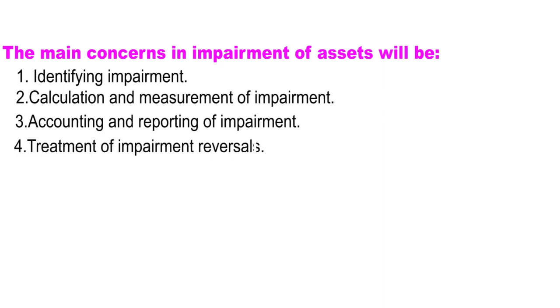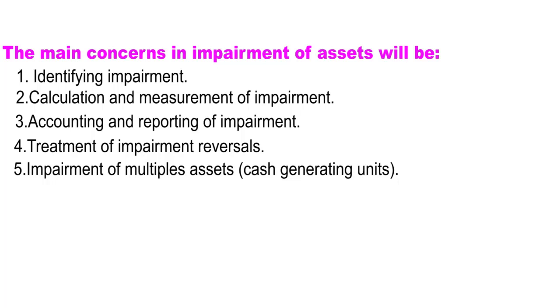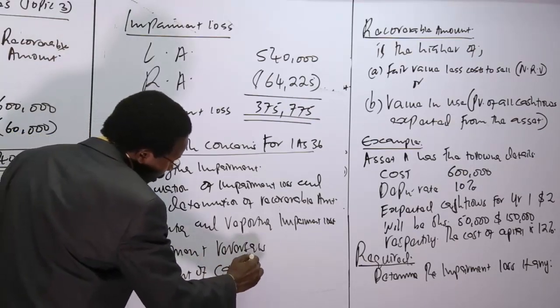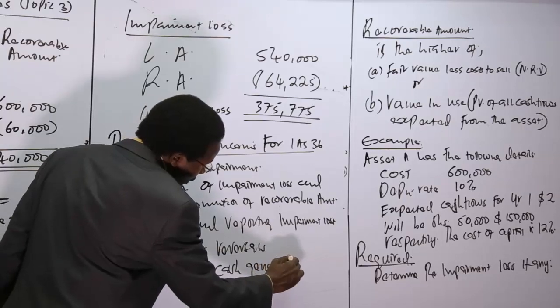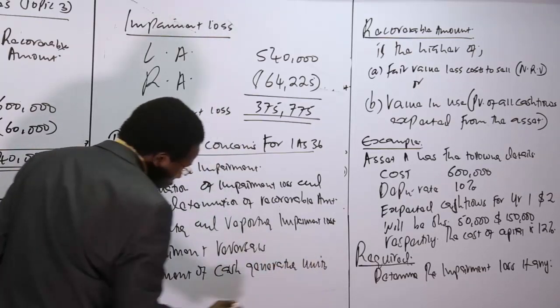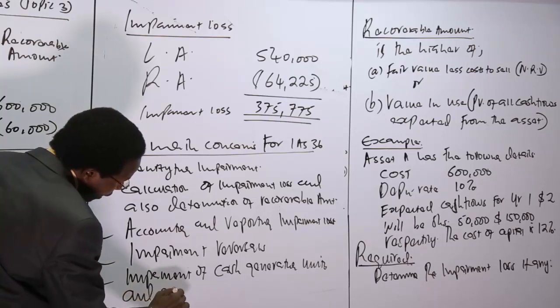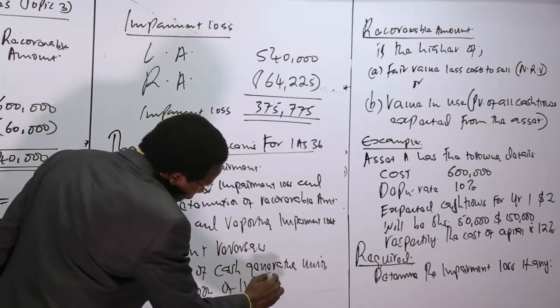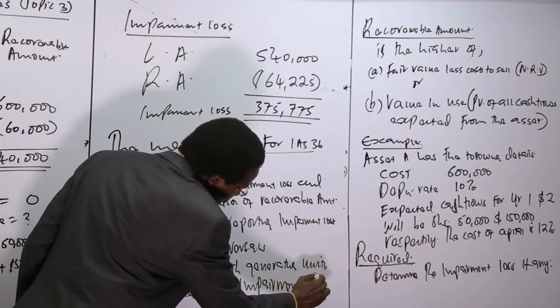Then the treatment of impairment reversals. And finally the impairment of cash generating units, and allocation of impairment loss.